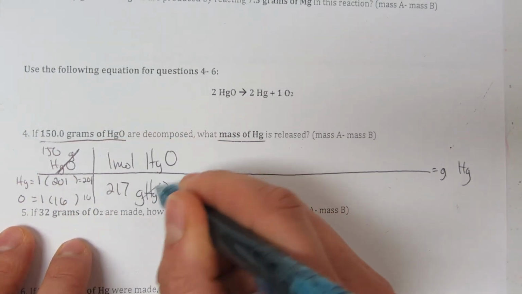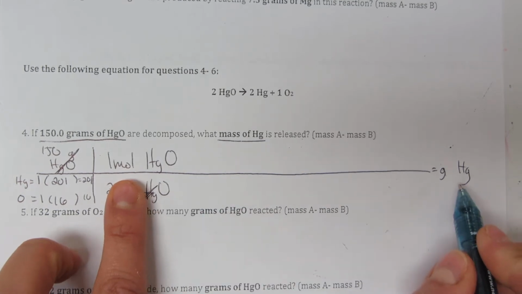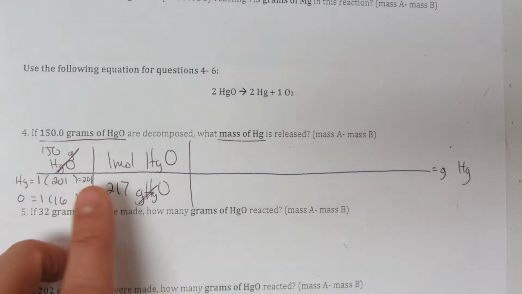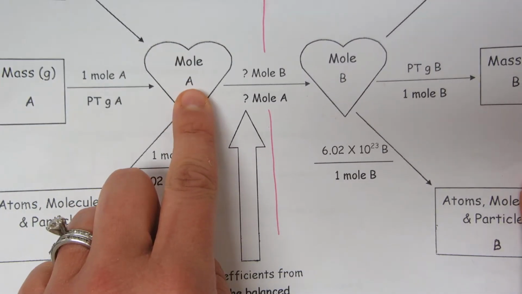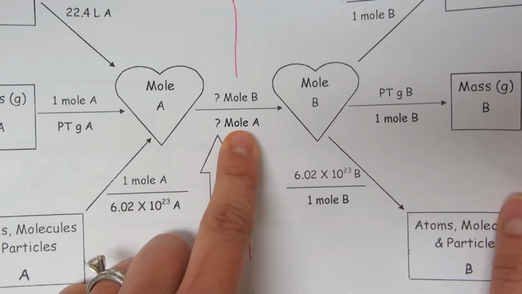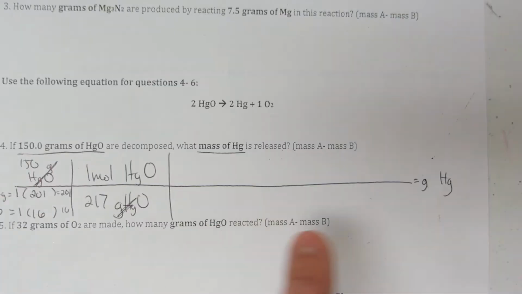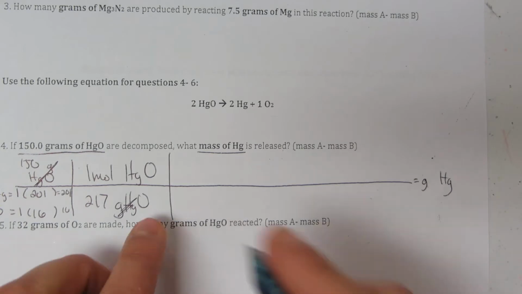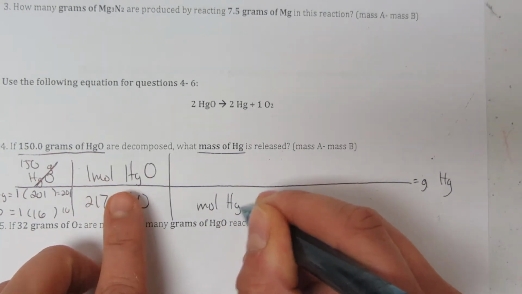So we cancel out. Now we're in moles of mercury oxide. We're trying to get to grams of mercury. So we need to do some more converting. So we're at moles here. We're going to put the same substance mole on the bottom and the mole of the new substance on top, which in this case is the mercury. Okay, so mole of mercury oxide on the bottom to cancel out the one on the top here.